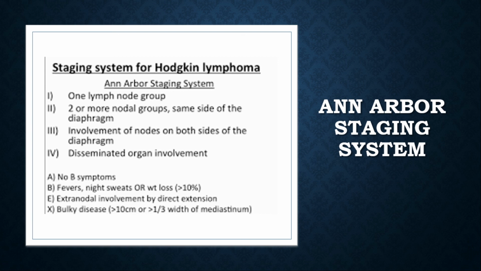If you see someone being labeled as having 3E, that is to say this patient is having involvement of lymph nodes on both sides of the diaphragm, plus an extranodal involvement. If you see someone being labeled as having 3X, that is to say there is involvement of lymph nodes above and below the diaphragm, plus a bulky disease more than 10 centimeters or more than a third width of the mediastinum.